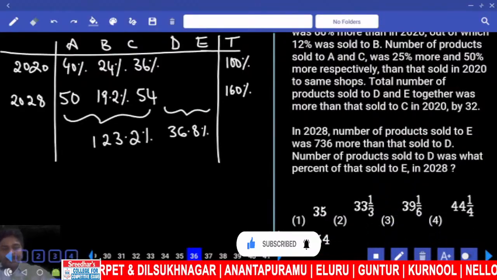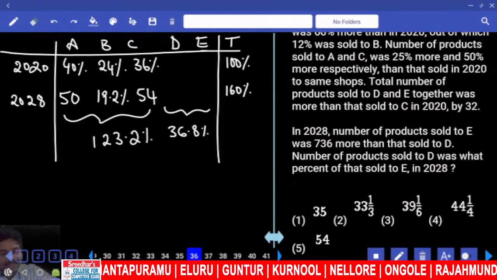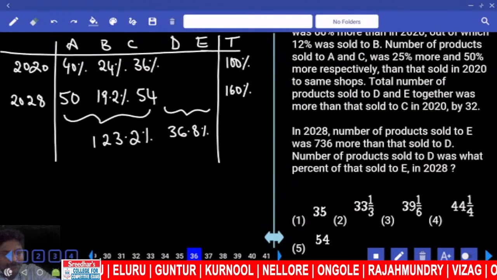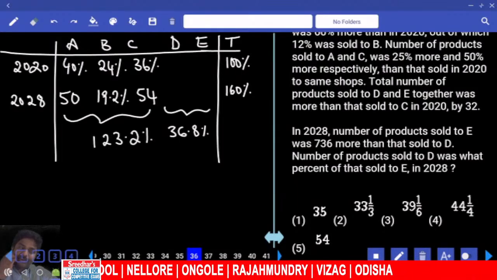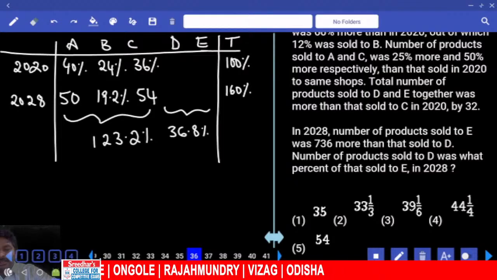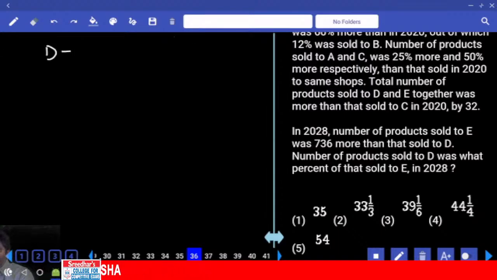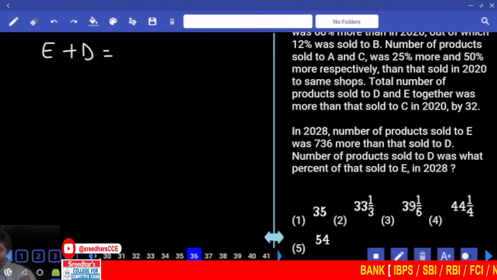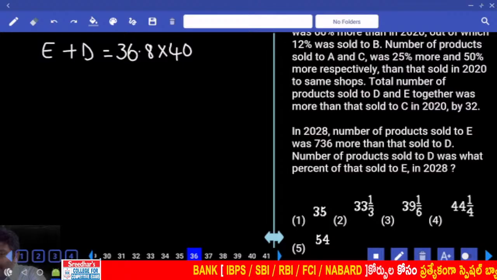Is it okay? Right. In 2028, number of products sold to E was 736 more than that sold to D. Number of products sold to D was what percentage of that sold to E in 2028? Okay. In 2028, D and E both together 36.8%. So sum is equal to D plus E, or otherwise E plus D is equal to 36.8 percentage replaced with number into 40. Got it?